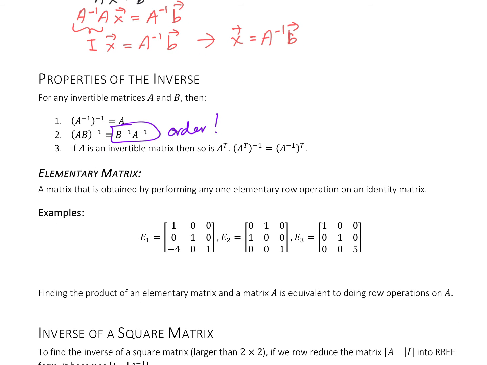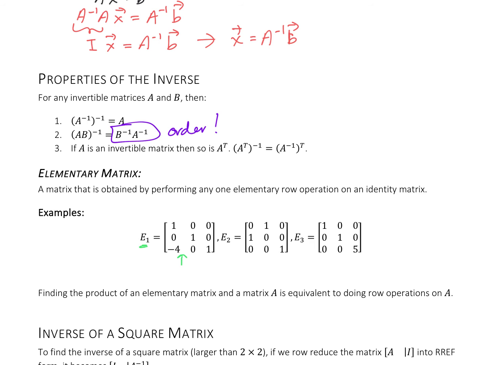So close. Elementary matrices. An elementary matrix is what happens if you perform a row operation on an identity matrix. So you'll see here an E1. It is an elementary matrix because it is the identity matrix with one minor exception.